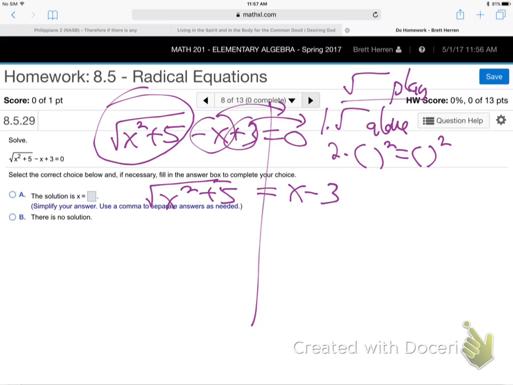Now do the parenthesis 2 power, parenthesis 2 power. Right, second power both sides. Okay.